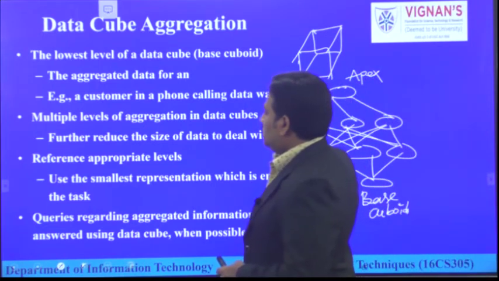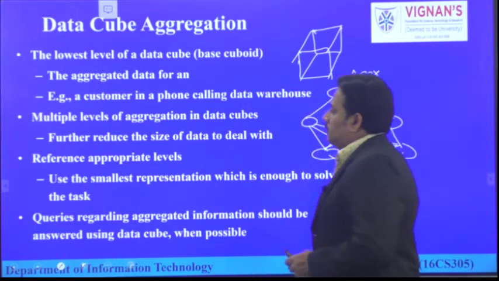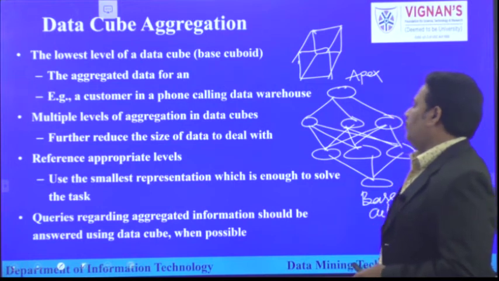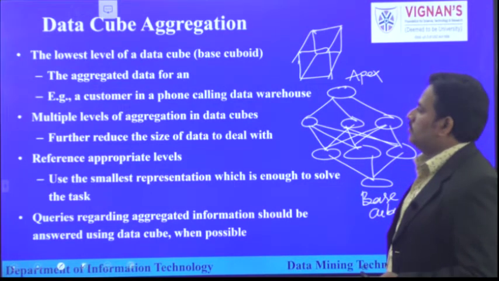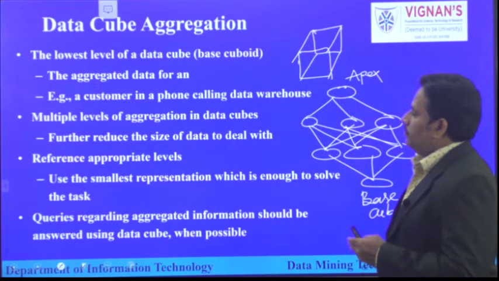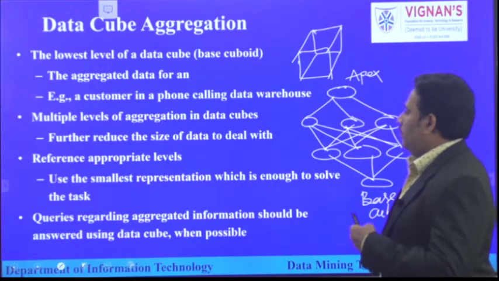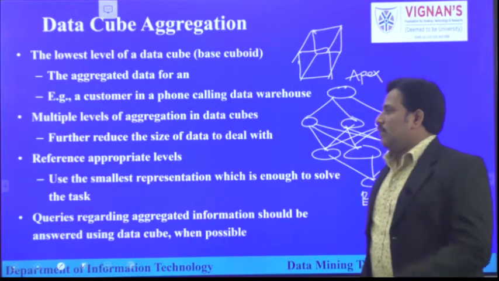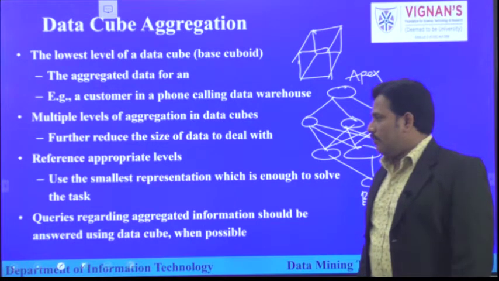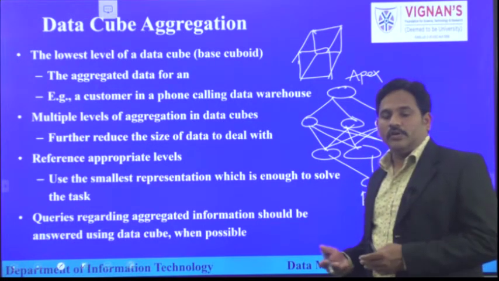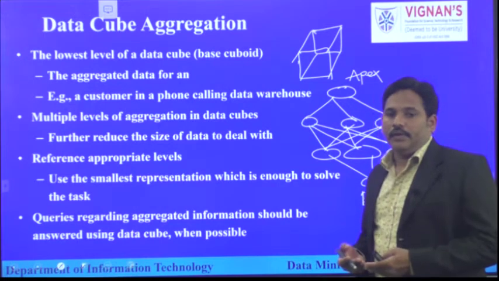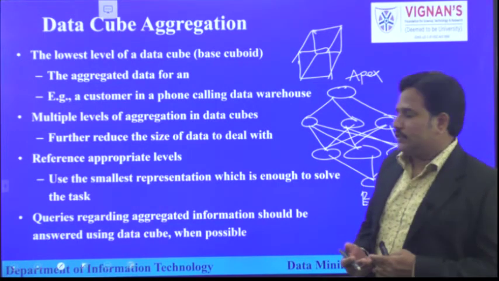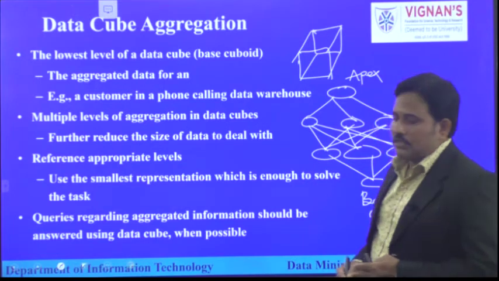So here, the aggregate data for a customer in a phone calling data warehouse. When we are picking customer data information, we can pick it randomly. There are multiple levels of aggregation in a data cube. That means we can apply all possible cube operations like OLAP operations on data to reduce the size.